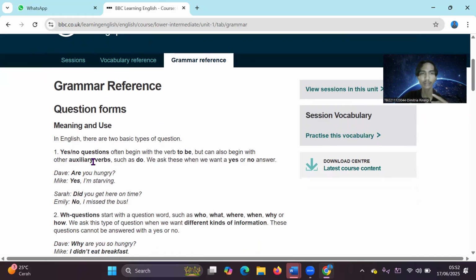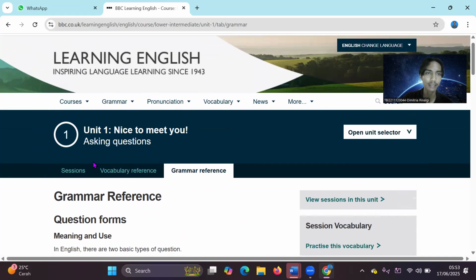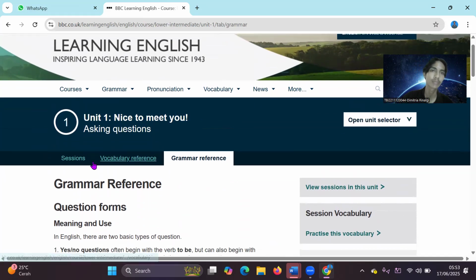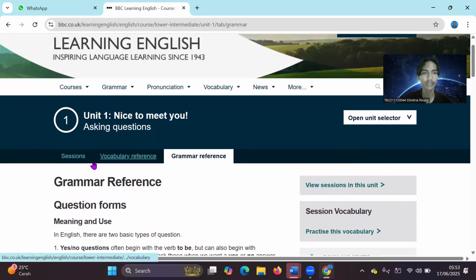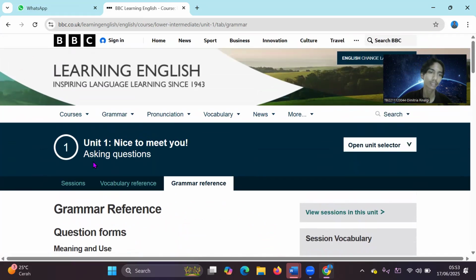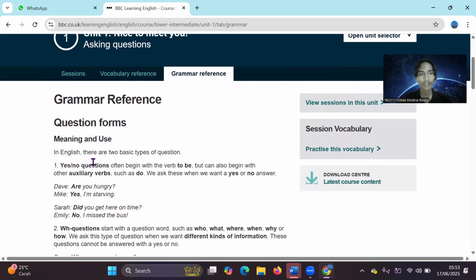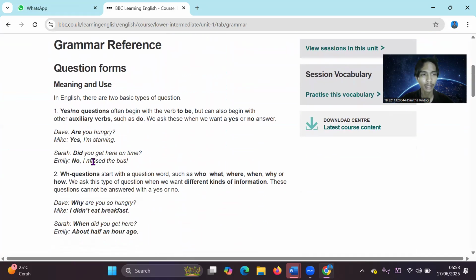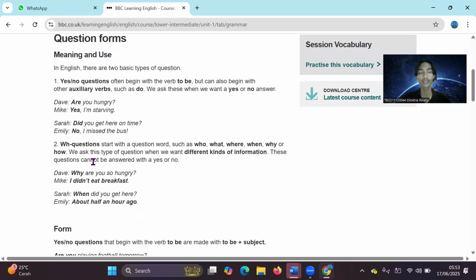Okay, let's start with this part of the BBC Learning English website. At the first form, like I said before, we learn about question forms. And I said that there are two main or basic types of question.